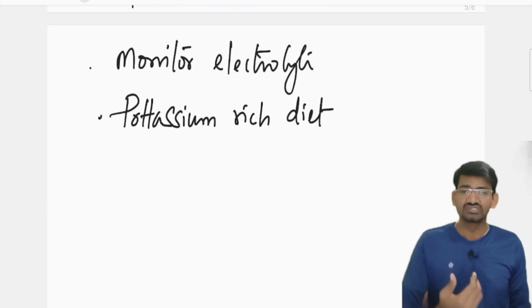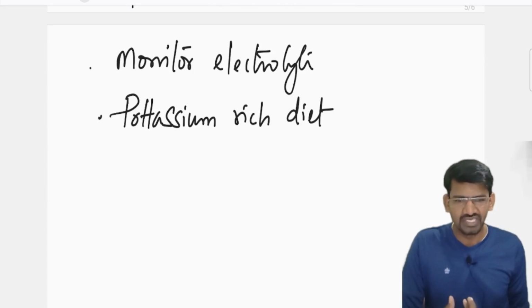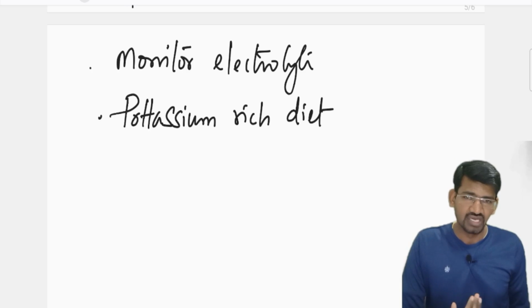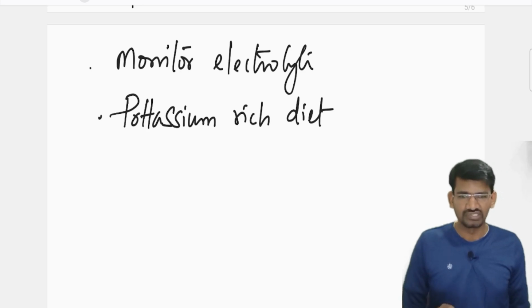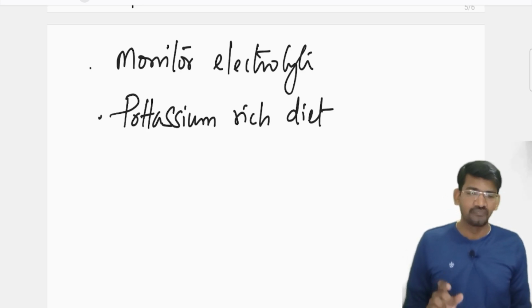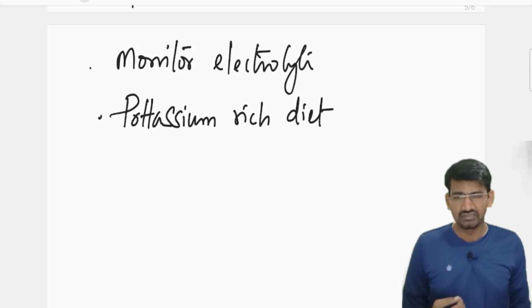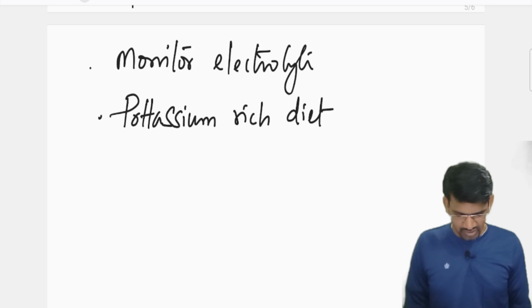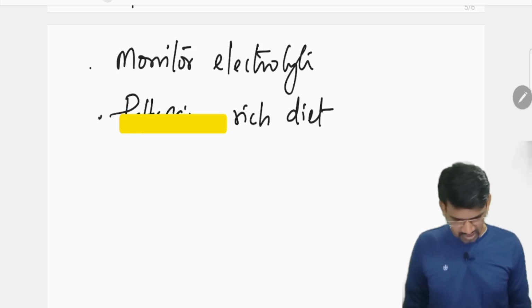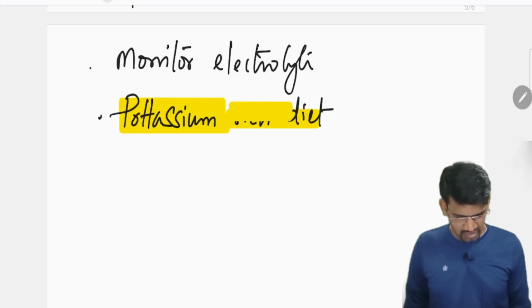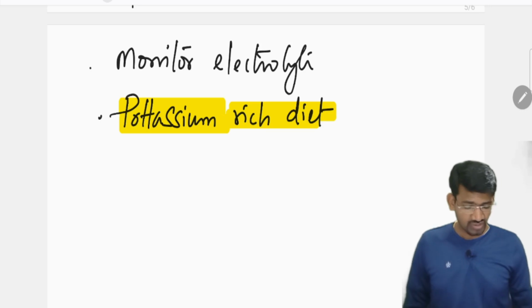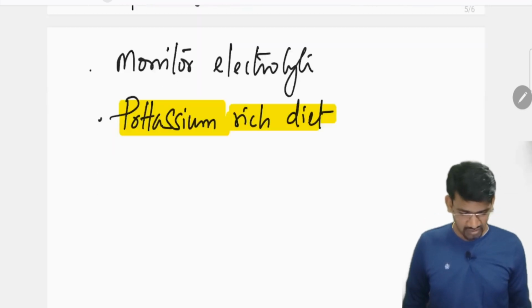As I told, it will cause hypokalemia and hypomagnesemia. So we have to watch the patient for signs of electrolyte imbalance like hypokalemia. Hypokalemia is a major risk for digoxin toxicity. So the patient should always be supplied with a potassium rich diet, especially if the patient is on digoxin therapy. These are the important aspects we should remember.